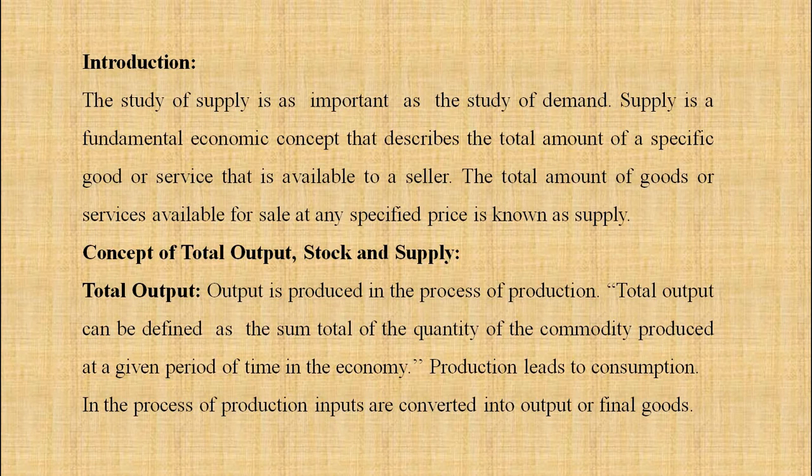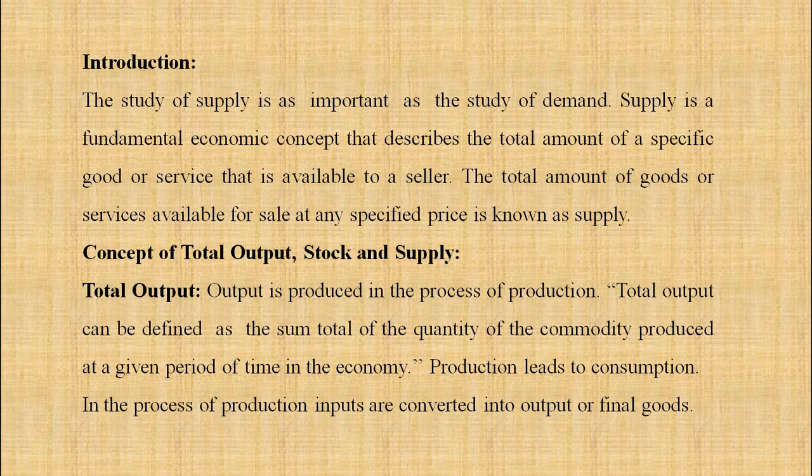Let us understand the difference between total output, stock and supply. Total output: output is produced in the process of production. Total output can be defined as the sum total of the quantity of the commodity produced in a given period of time in the economy.